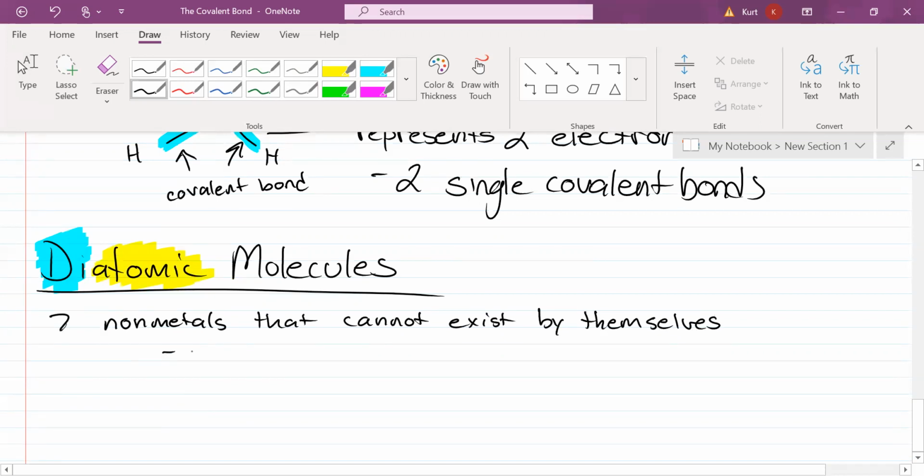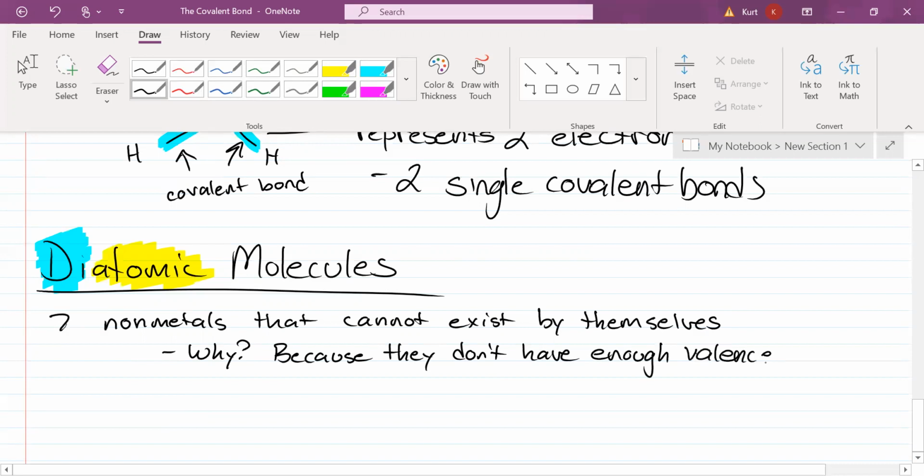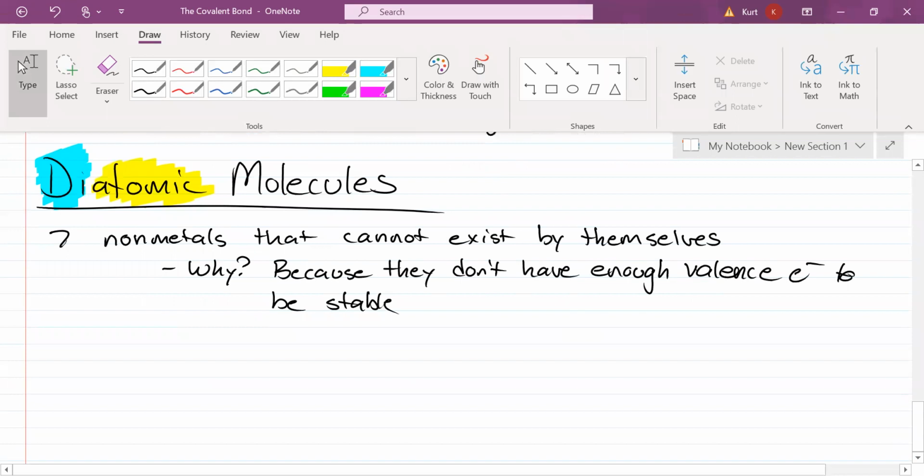The reason why is because their valence levels are unstable. They don't have enough valence electrons to be stable. So what they do, here's the solution in order to achieve stability.